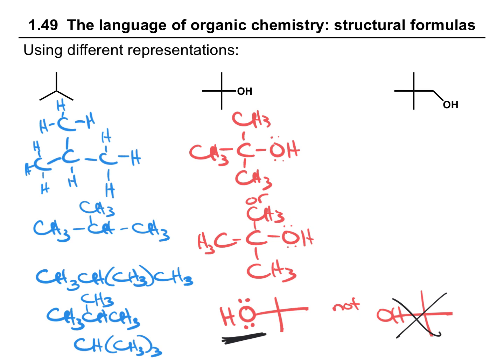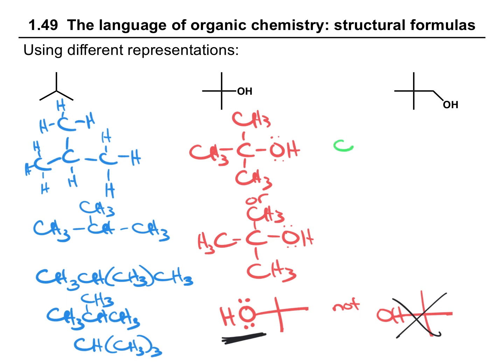And one more example. Let's notice the difference between this alcohol and this alcohol. This alcohol is connected to this carbon. So the oxygen's connected to the carbon, which is connected to 3 other carbons. Here, the oxygen is connected to a carbon that's connected to this carbon that's connected to 3 other carbons. So if you're drawing this, you need to be careful with how you show your bond to the oxygen because you want to be clear about whether there is another carbon or not.